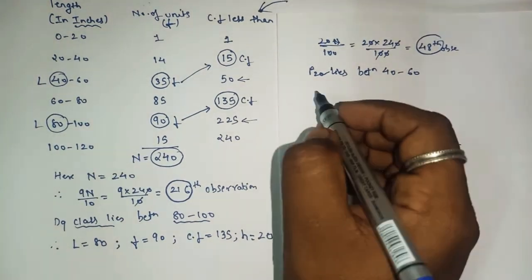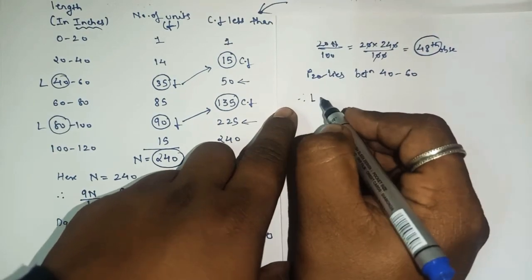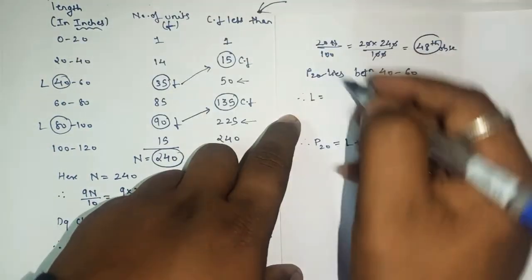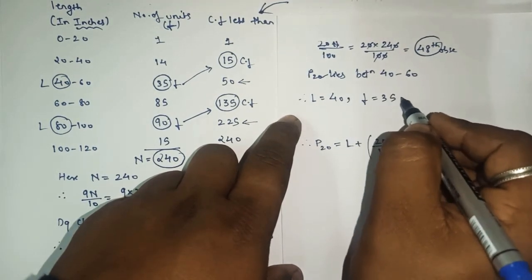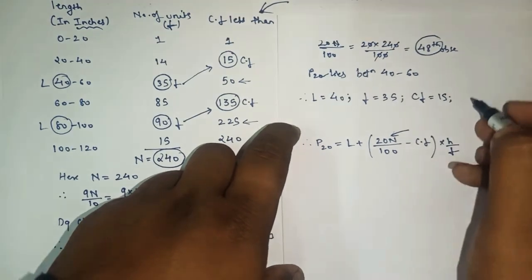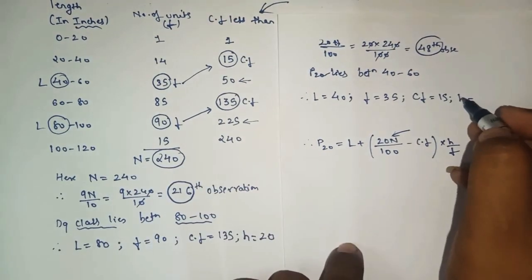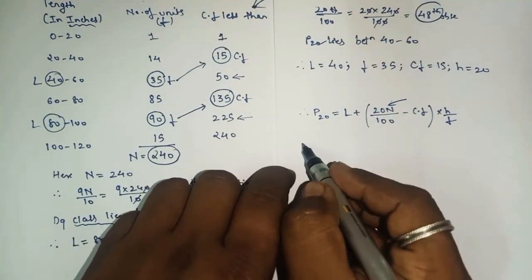So now we'll write the value one by one. For P20 the value of L is 40, F is 35, CF is 15, yes or no, and the value of H will be same. Now simply substitute the value.